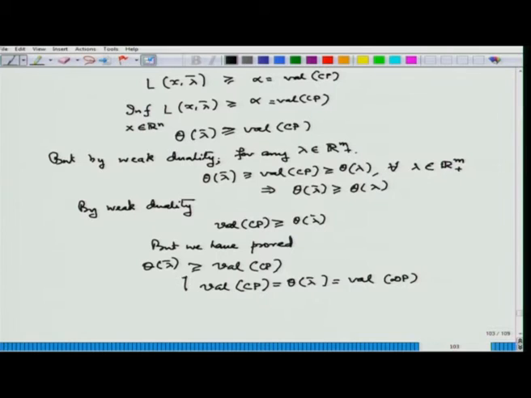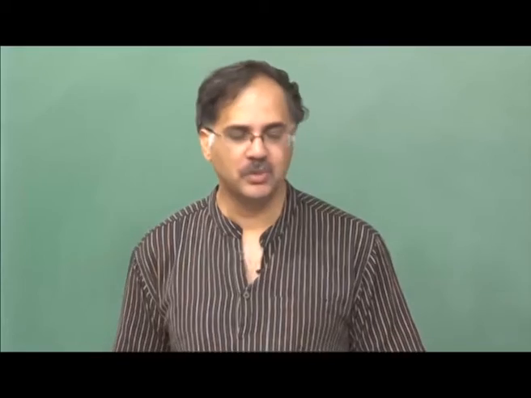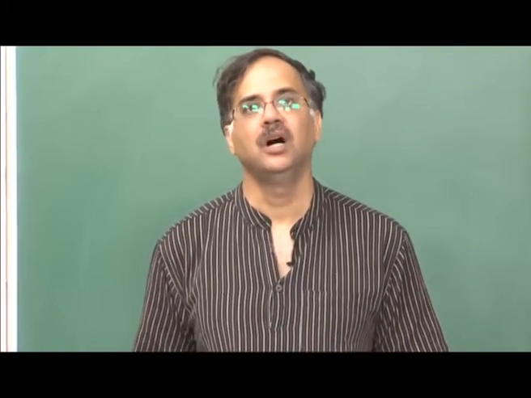So, the interesting part is that even if the original problem does not have a minimizer, it can have a lower bound, that is what we have assumed, but it does not have a minimizer. There is no x for which that infimum value alpha is achieved, there is no x bar such that f of x bar is alpha.